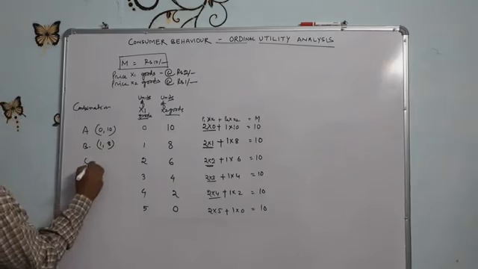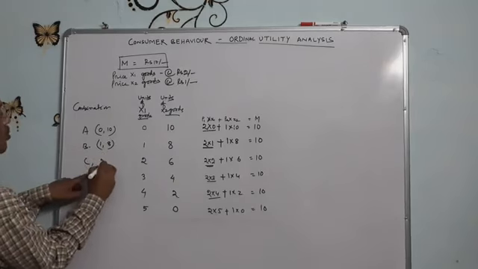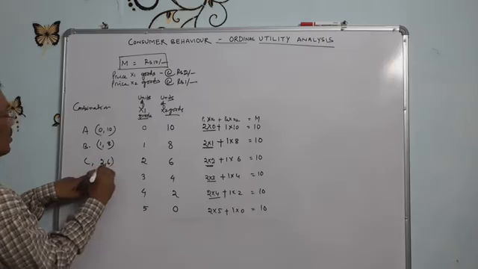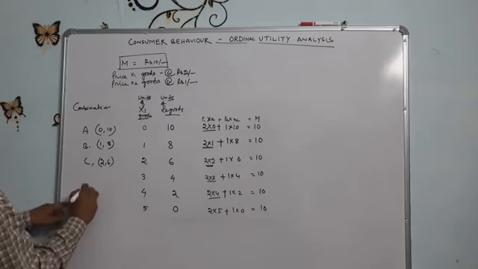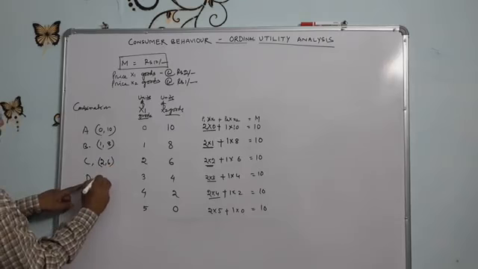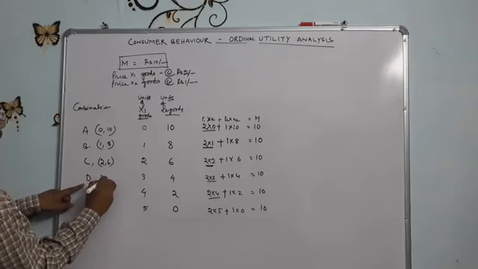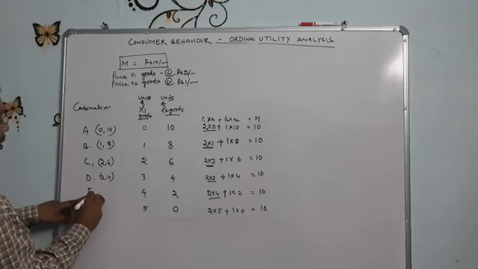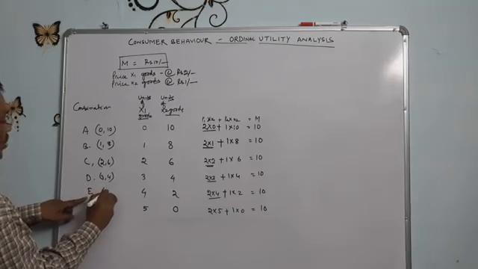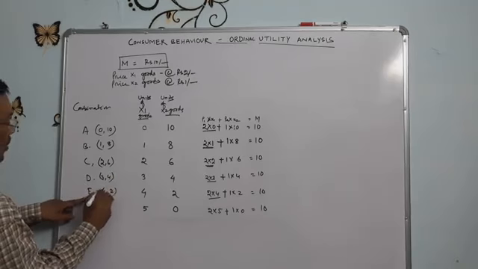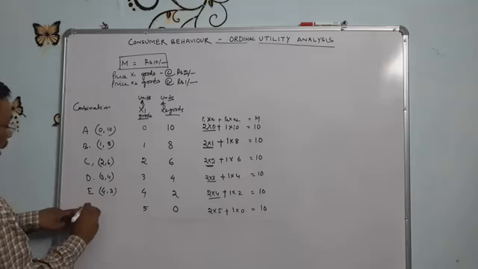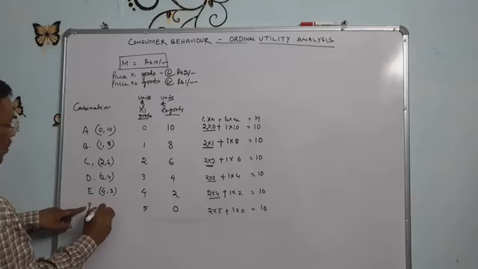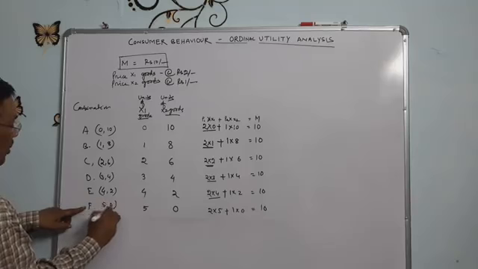C is the combination where you purchase 2 units of x1 and 6 units of x2. D is the combination of 3 units of x1 and 4 of x2. And E is the combination of 4 units of x1 and 2 units of x2. And F is the combination of 5 of x1 and 0 of x2.